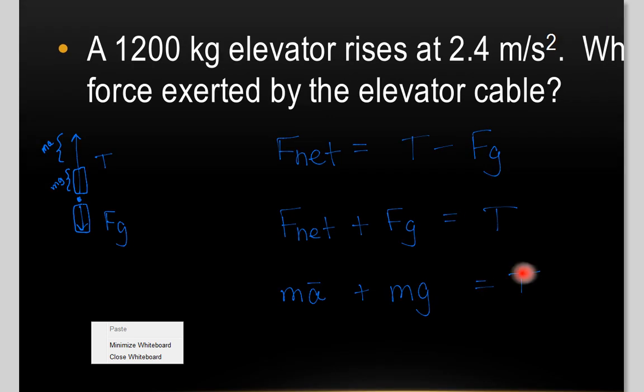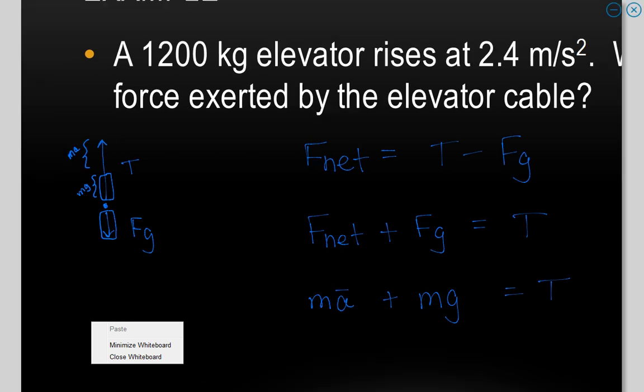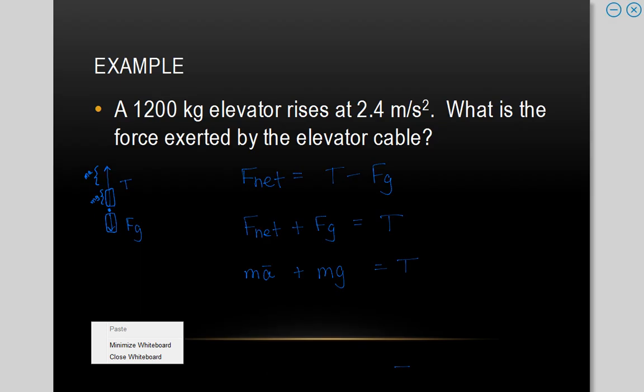Using my pointer, T, that's this big long arrow, is equal to ma, the leftover, and mg, the stuff you just need to match. Depending on the mass of the object, the tension, of course, has to be able to match the weight. Now, to get it moving at some acceleration, you have to supply more force. That's the net force, the extra.